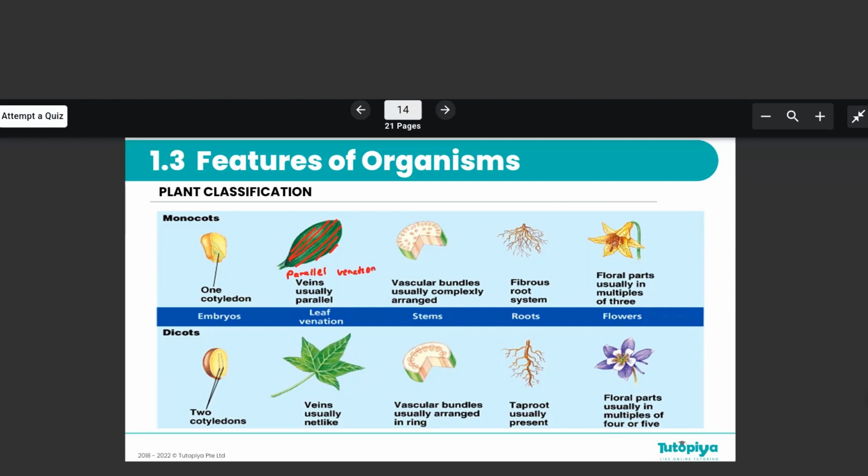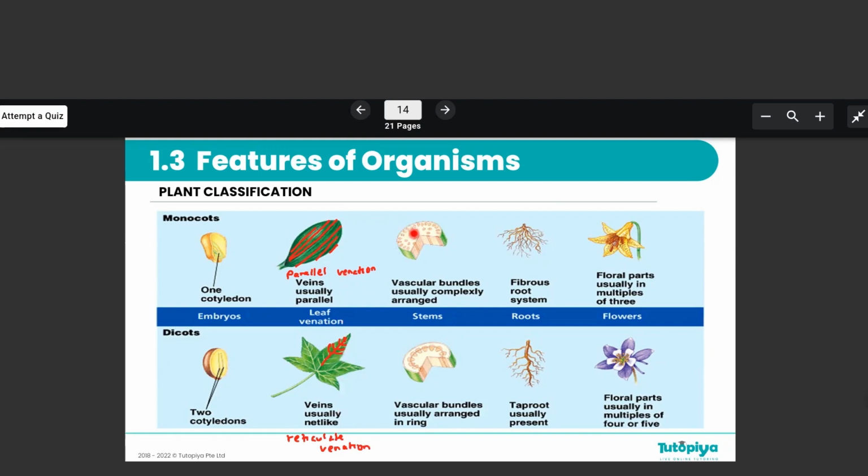Whereas if you take a look at a dicot leaf like this, you will see that the veins within these leaves are net-like. So we call this type of venation reticulate venation. So this is the difference if you study the leaves of the monocot and the dicot.